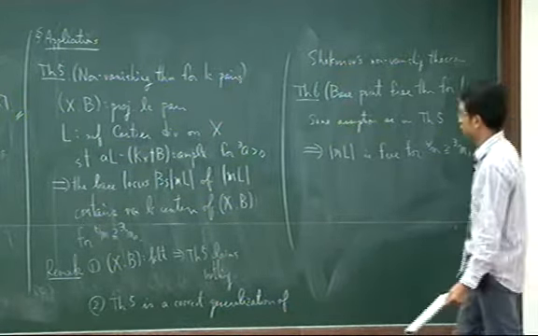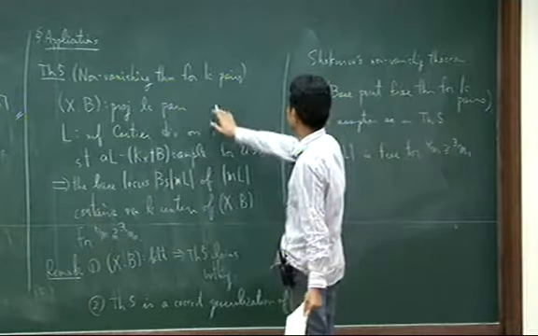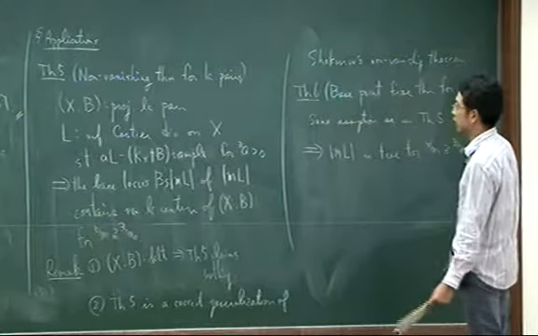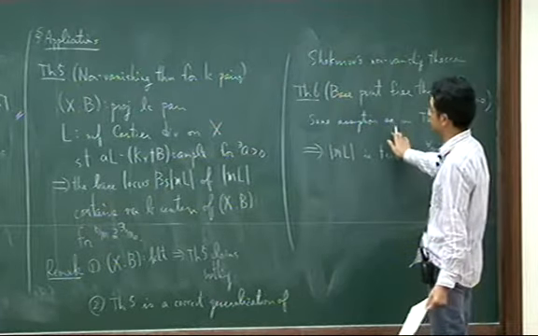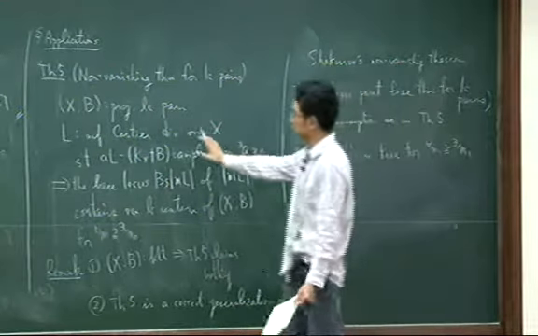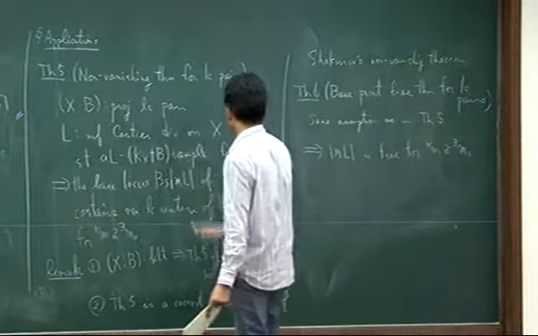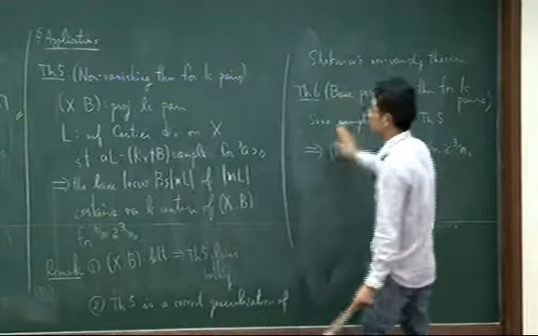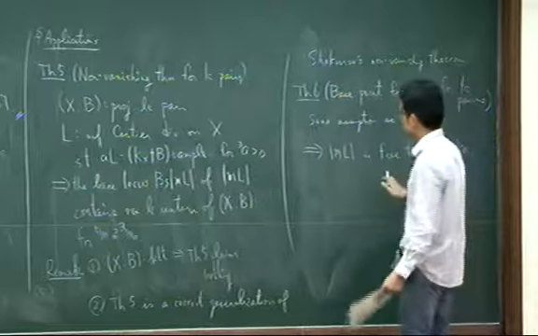Okay? So obviously theorem 6 is much better than theorem 5. But I think theorem 5 is much easier to treat. So first I prove theorem 5, and as a corollary we obtain theorem 6.